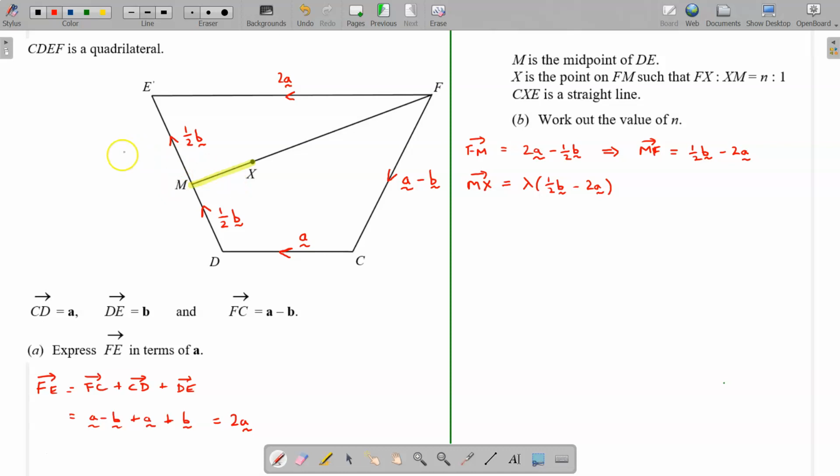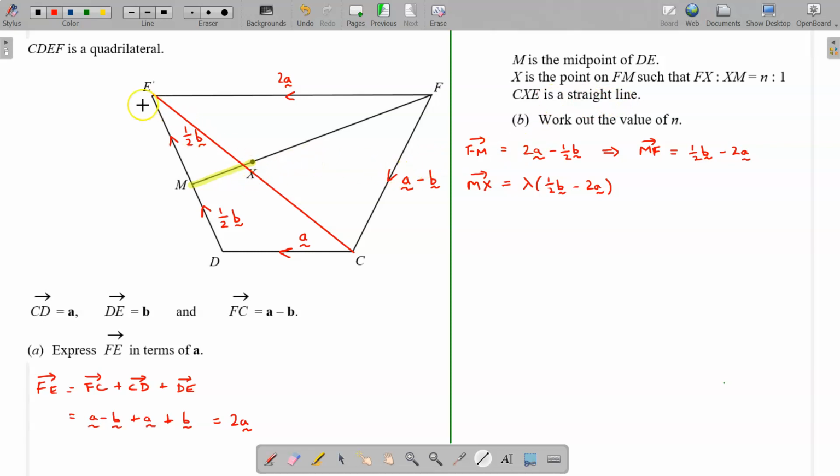And now I'm going to have a second vector journey from M to X that's going to go from M to D, D to C, and then C to E. Now let me just show you what that will look like. So I'm going from C to E, and it's telling me in the question that X is the point on FM, but also CXE is a straight line.